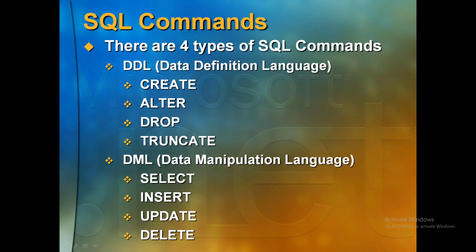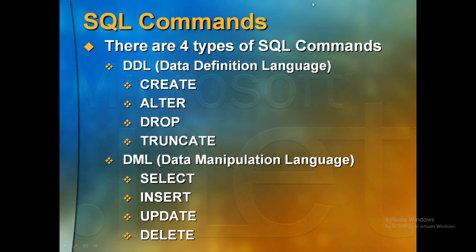Clear? So this is for the object. Data definition means we're talking about databases, alter databases, creations, and everything. These four commands are for data: data insert, data update, data delete, data reading. Select means data reading.